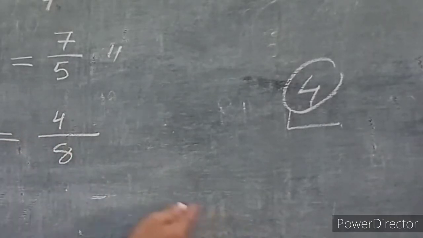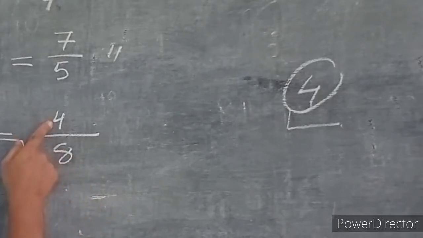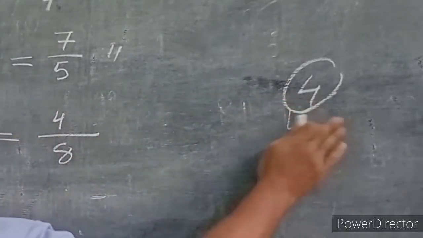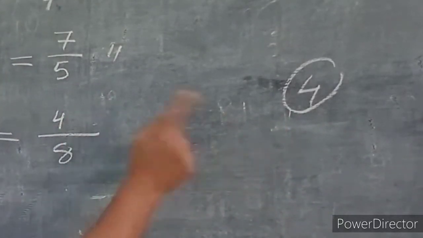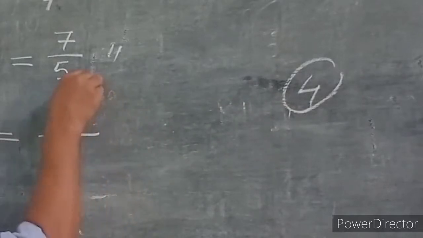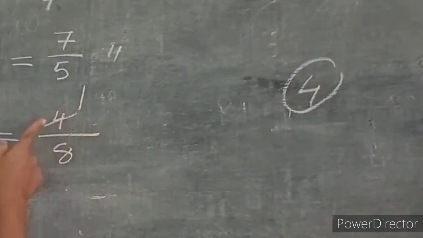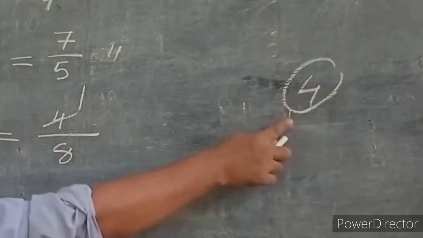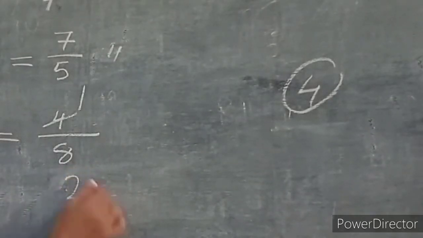Now I'm going to divide 4 and 8 by the same common factor 4. If we divide 4 by 4, we get 1. So 1 is to be written just above, and cut off 4. Again divide 8 by this common factor, then you will get 2.